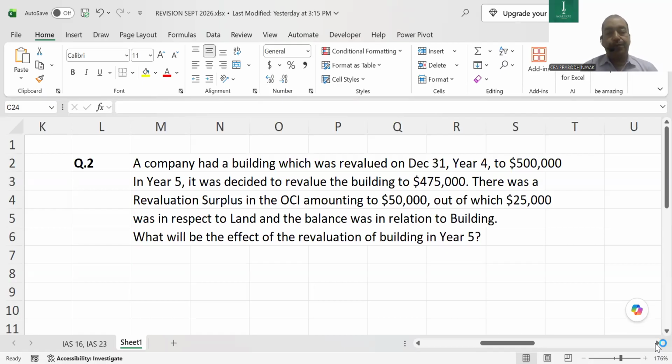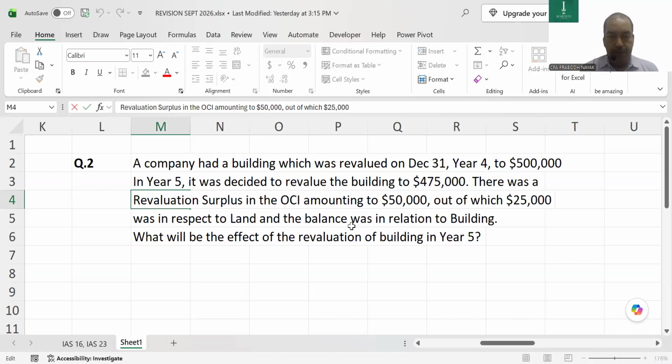Okay. Or we can do one thing. We can make a small change over it. What we'll do is, we'll take this as 20,000. We'll take this as 20,000. Okay.